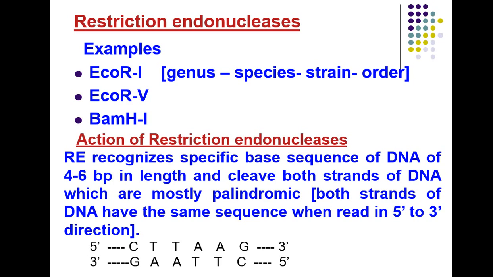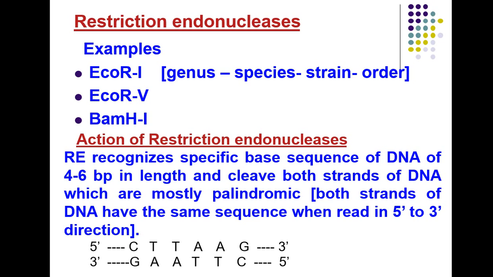And double-stranded DNA will have certain palindromic sequences. So this is an example of a palindromic sequence. Both strands have the reverse sequence. CTTAAG, and if you write this in the reverse order, GAATTC.